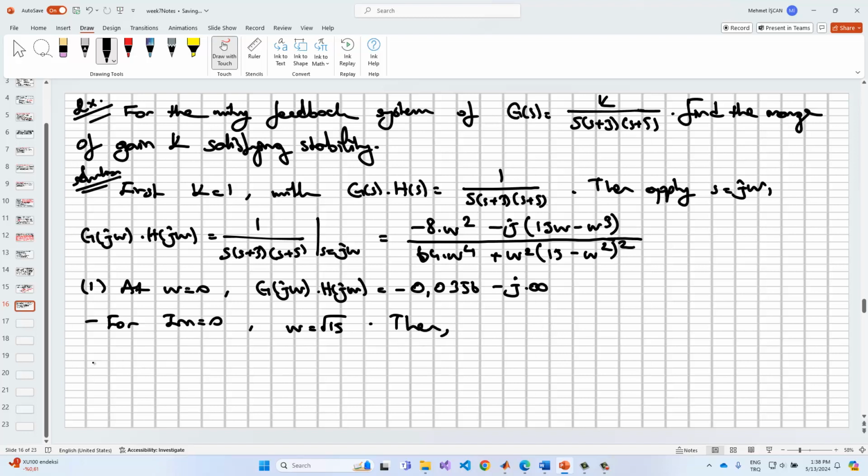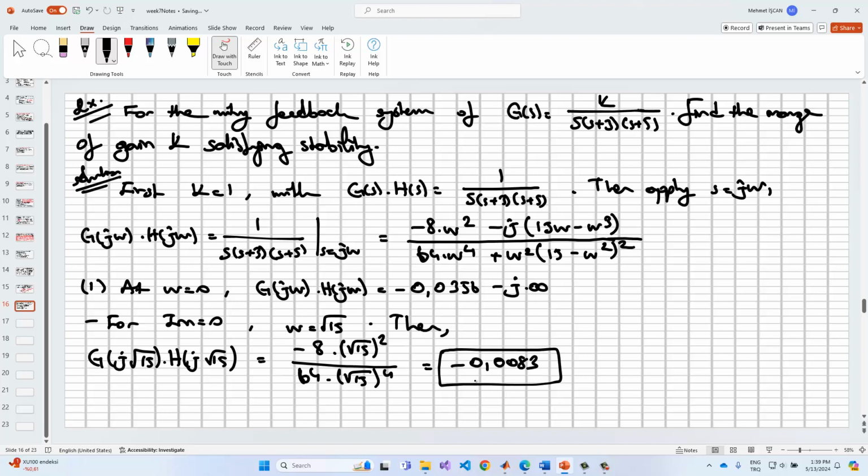Then we can put this value into our transfer function, and we have minus 8 times 15 divided by 64 times 15 over 4, and so this is equal to minus 0.0083. Okay, our transfer function is that.